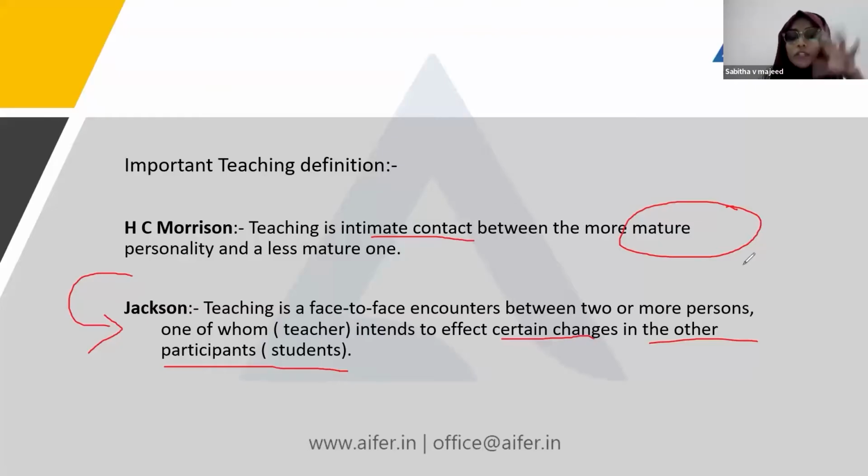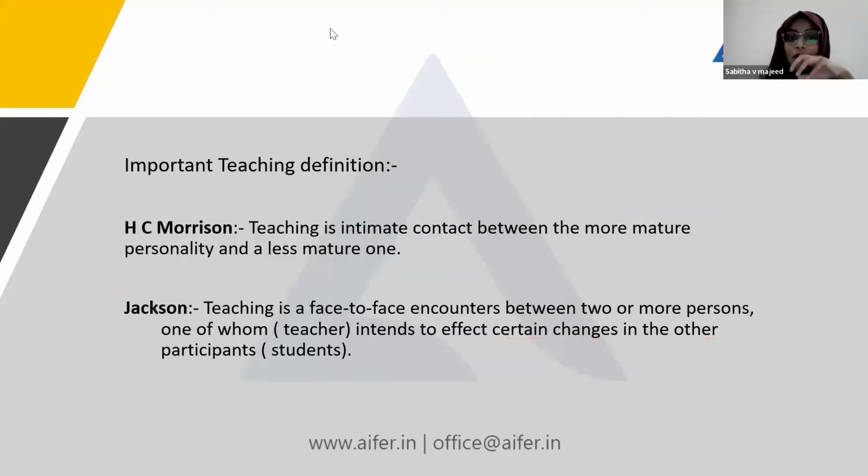According to Jackson, teaching is a face-to-face encounter between two or more persons, one of whom is a teacher who intends to create certain changes or modifications in other persons who are students. I hope you are clear. So these are the definitions given by Dewey, Morrison, and Jackson. I hope you understood the definitions of teaching.